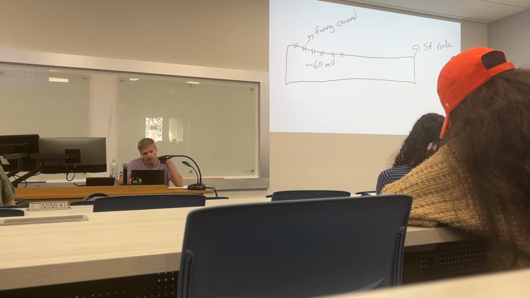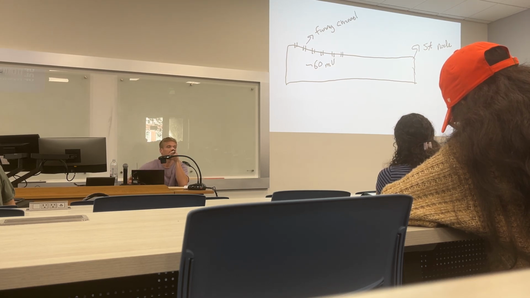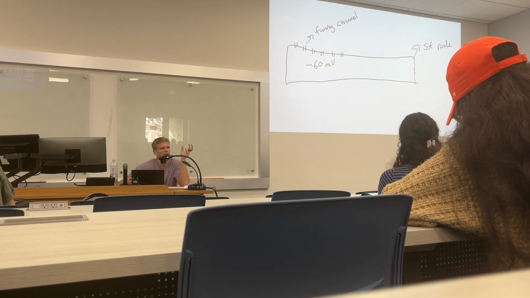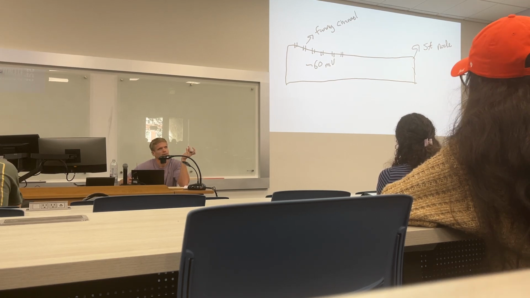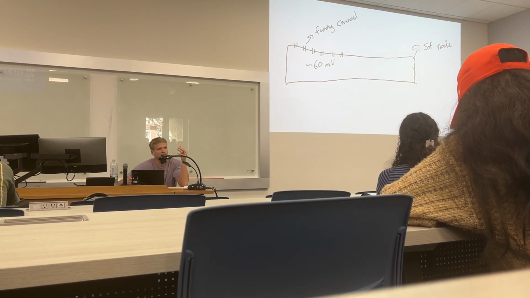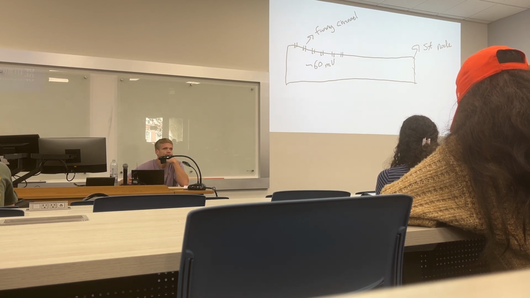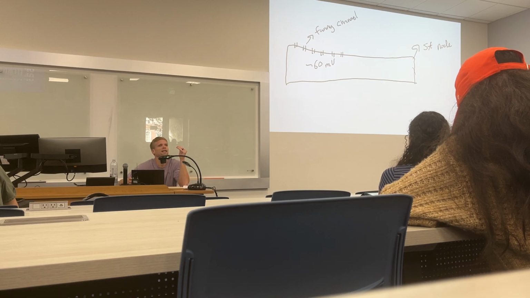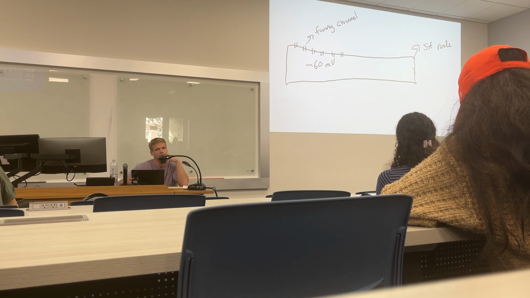They were referred to as funny channels because they have some very funny, unique, strange properties. They're actually voltage-gated sodium channels. But they behave in the exact opposite way of all the other ones that we've talked about, which is why they're funny and unique.